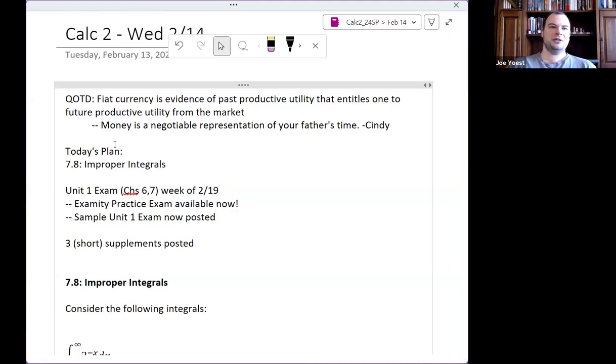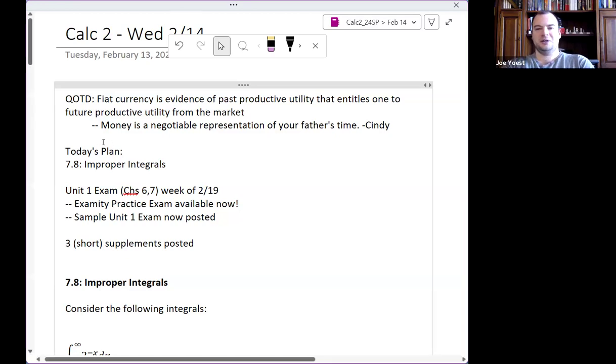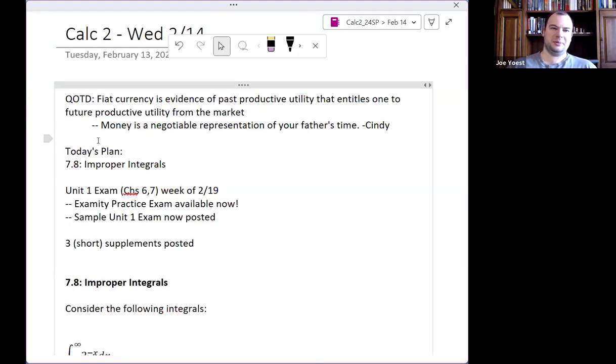So things like dollar bills, or some electrons in some hard drive on some server somewhere. Why are we willing to do real effort and work to get these things, these little slips of paper, or this rearrangement of electrons on a bank's computer somewhere?